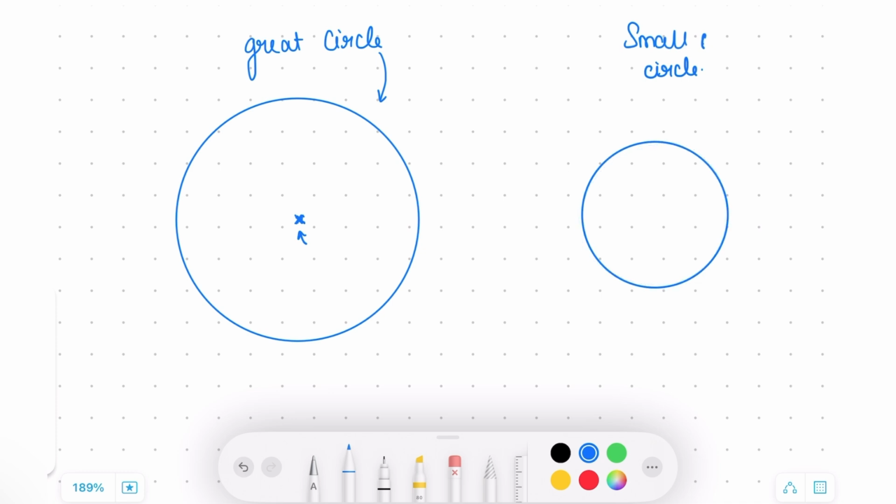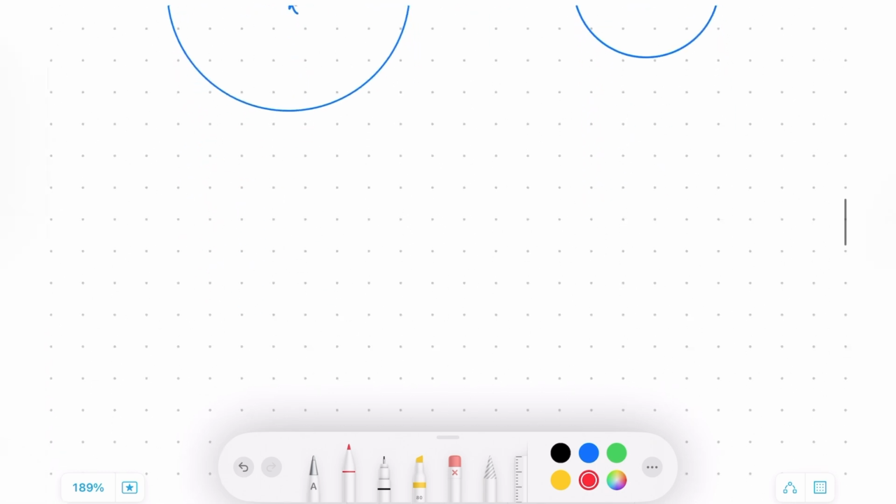Now, why is this interesting? It is because if we were to travel any distance along this great circle, then this is the shortest distance between 2 points. So in other words, if I were to travel between 2 points on the surface of the earth, then the shortest distance between them will be a part of a larger great circle.